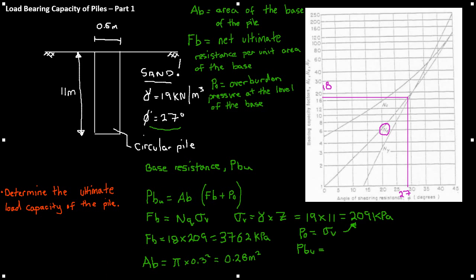PBU equals the area of the base, which is 0.28, multiplied by brackets FB, which is the net ultimate resistance per unit area of the base. We calculated that, 3,762, plus P0, overburden pressure at the level of the base, 209. Close brackets, and then we will get an answer of 1,112 kilopascals.